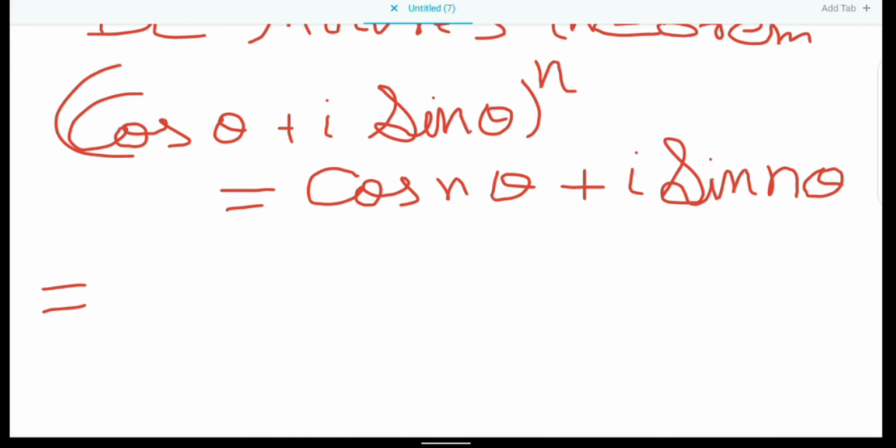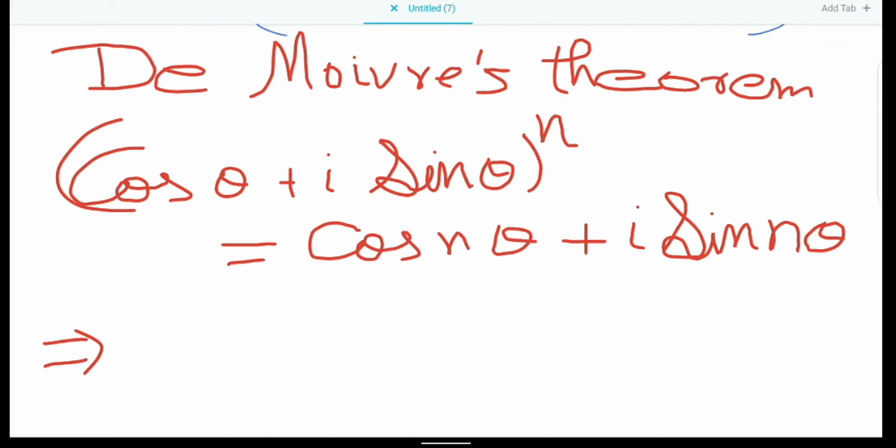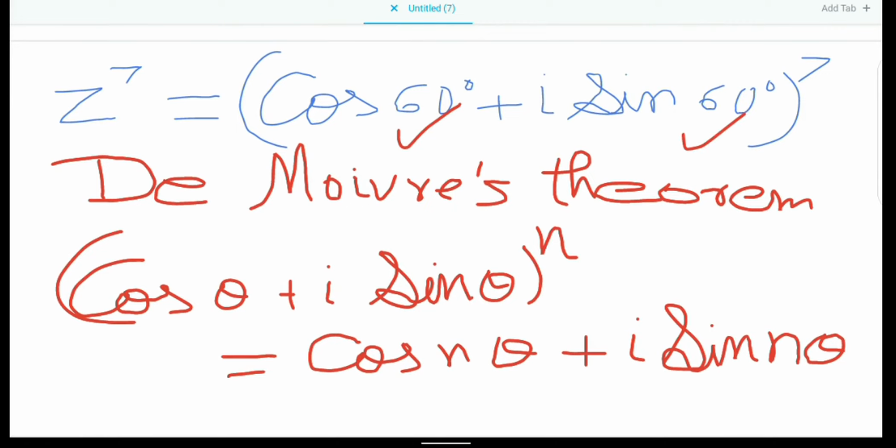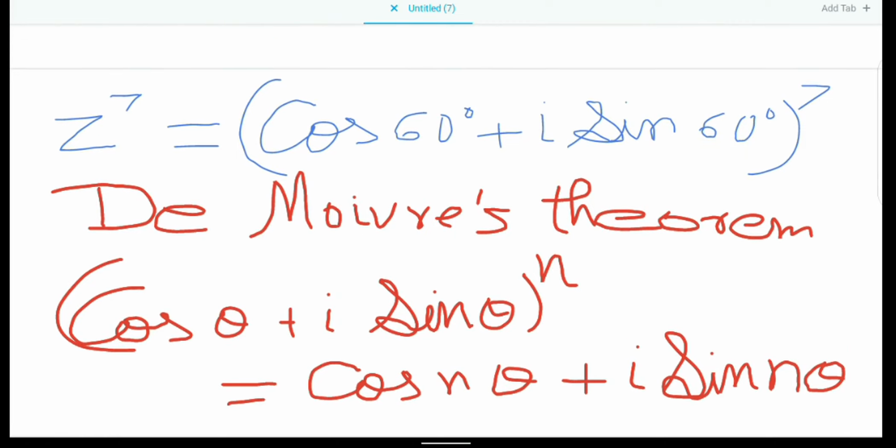And what theta should we choose? We observe 60 degrees, so we should take theta equal to 60 degrees.